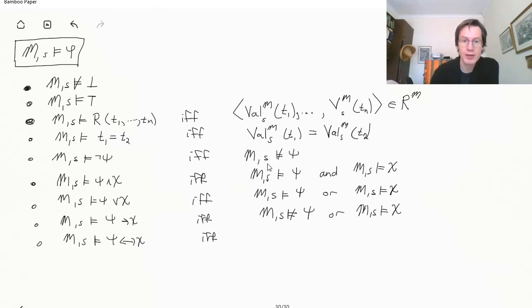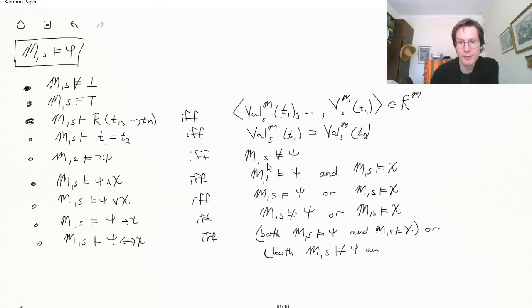So if and only if we have that psi is satisfied and chi is satisfied, or both of them are not satisfied.